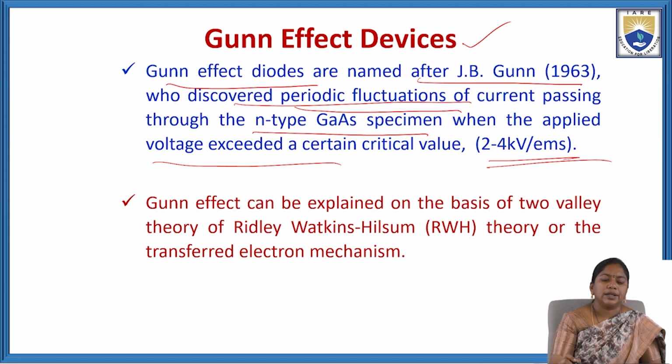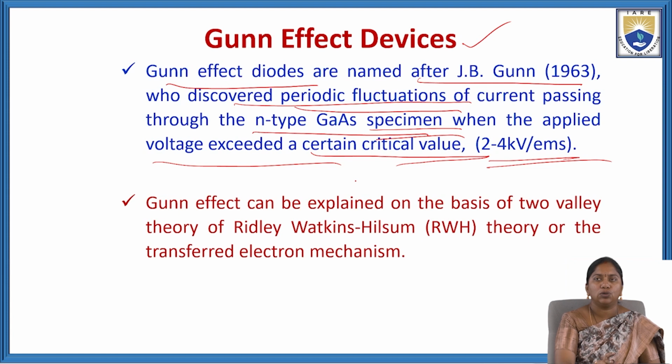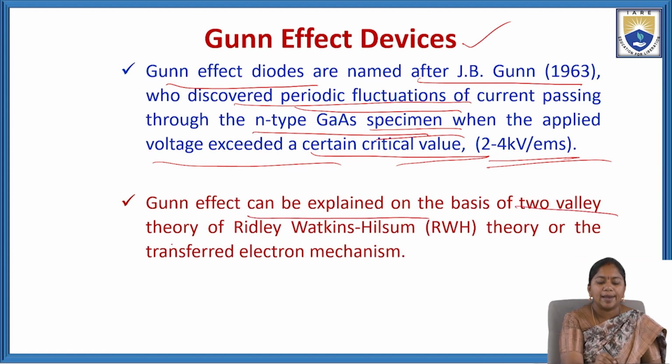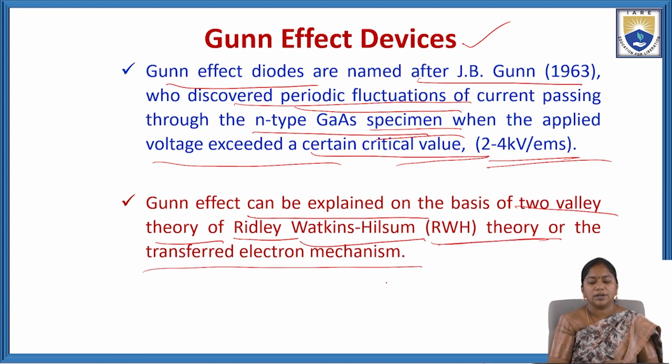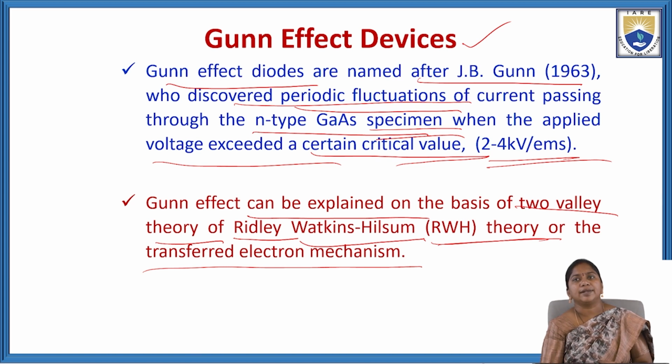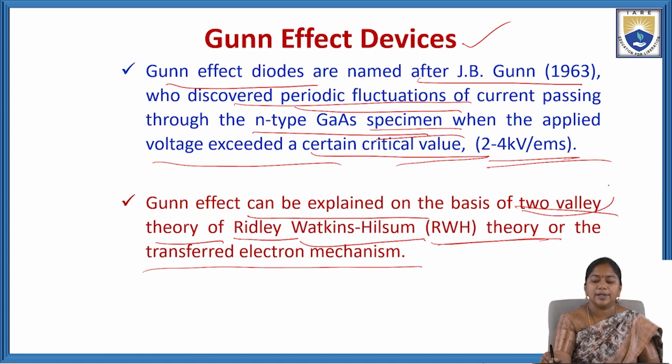So, Gunn effect diodes are named after J.B. Gunn, who discovered the periodic fluctuations of the current passing through the N-type gallium arsenide specimen when the applied voltage exceeds a certain critical value. The Gunn effect can be explained on the basis of the two-valley theory of Ridley-Watkins-Hill, that is called RWH theory, or the transferred electron mechanism.